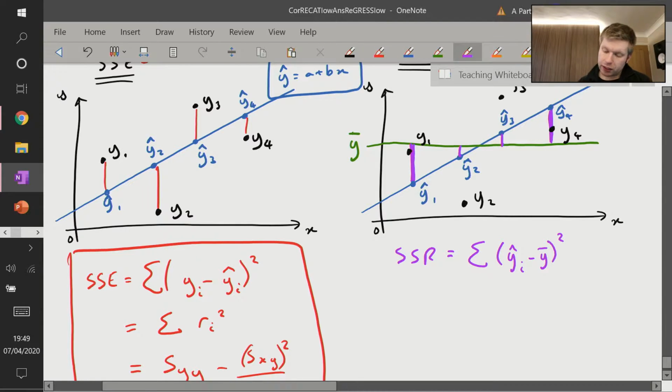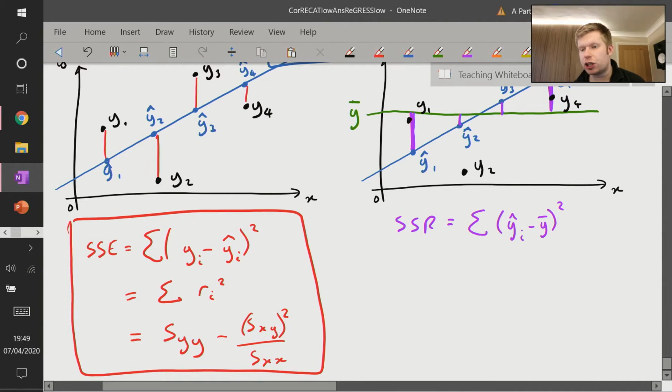Now, I'm going to come back to this formula a little bit because we can actually use it in terms of SXX and SSY, etc.